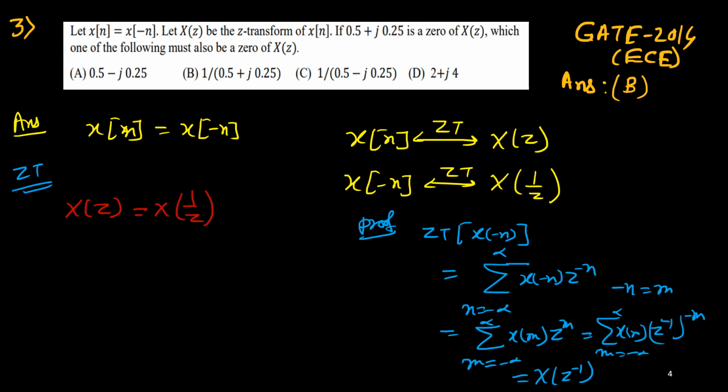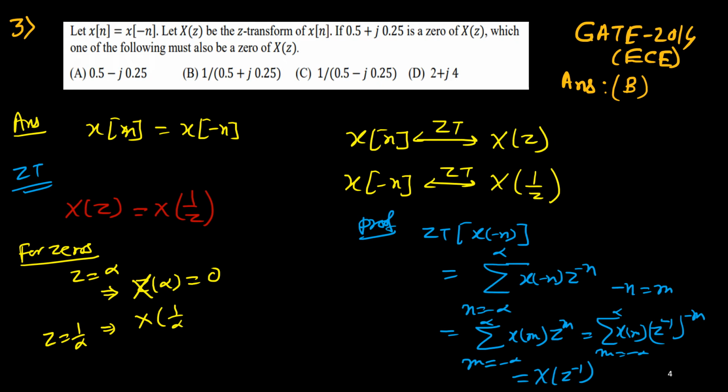And for zeros, if z equal to alpha is a zero, that means X of alpha should be 0, and again X of 1 upon z should also be 0. With z equals 1 upon alpha, capital X of 1 upon alpha should also be 0.